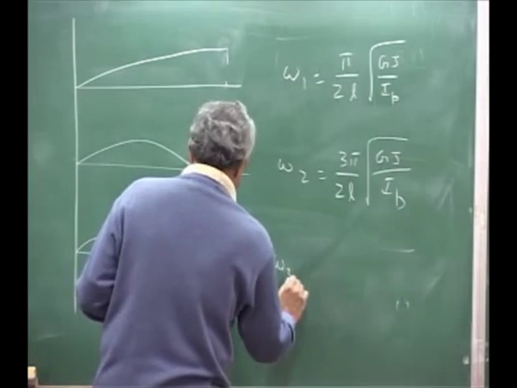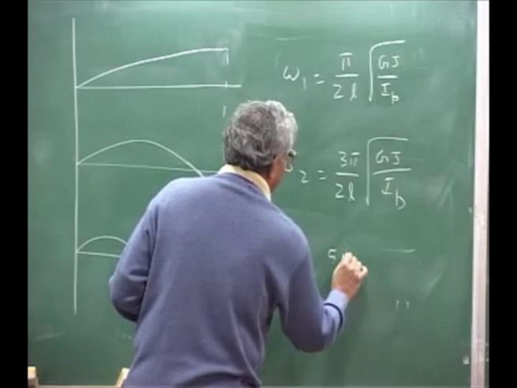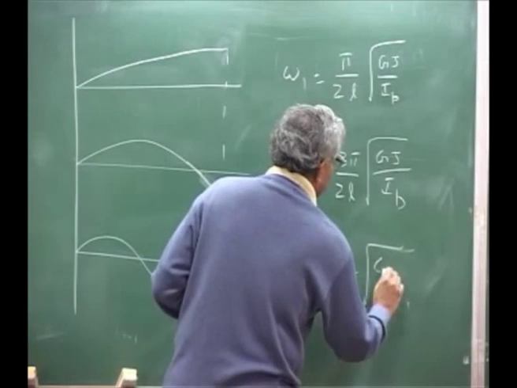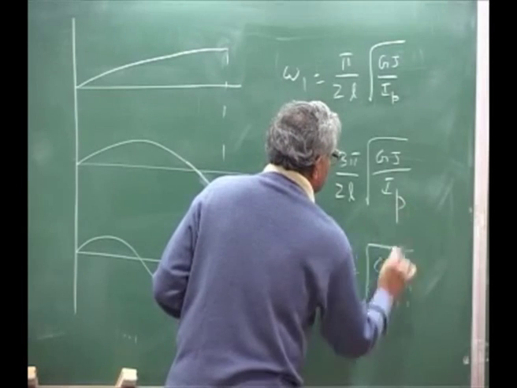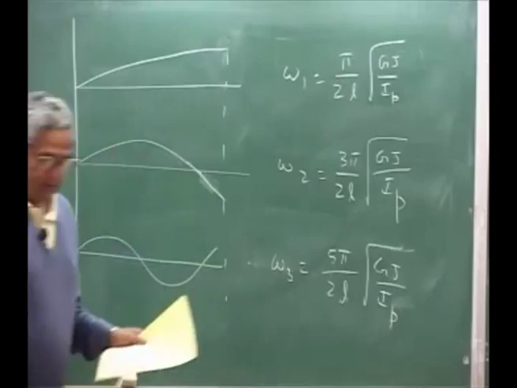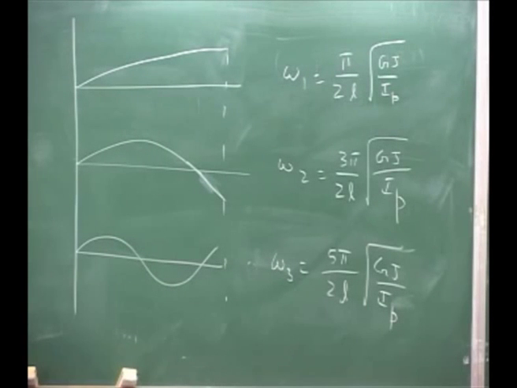And ω3 is 5π over 2L root of GJ over Ip. So this is for the torsion problem. You have the complete simplified problem solution, which we know how to solve now.